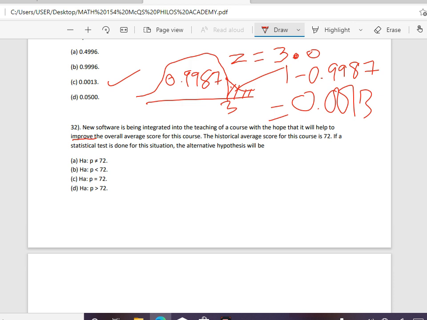Greater than is an inequality, so your HA will be mu greater than 72. Improve means it has increased. So the answer is D.